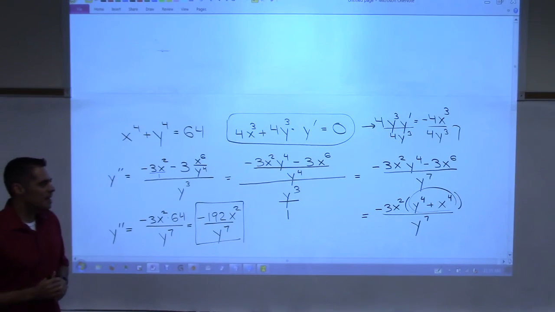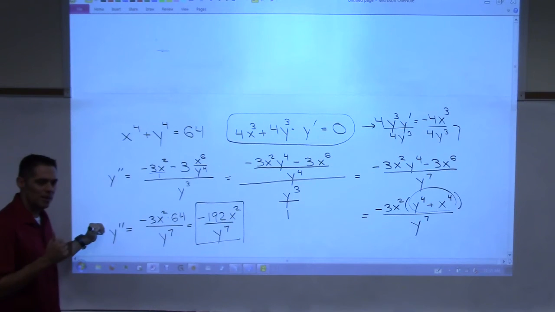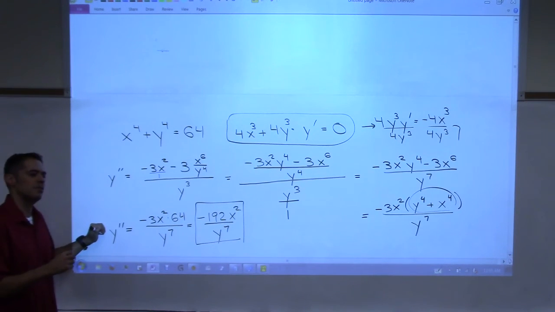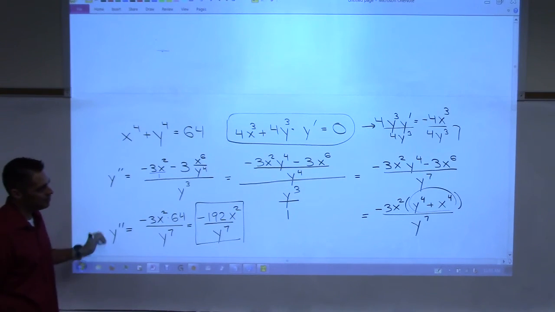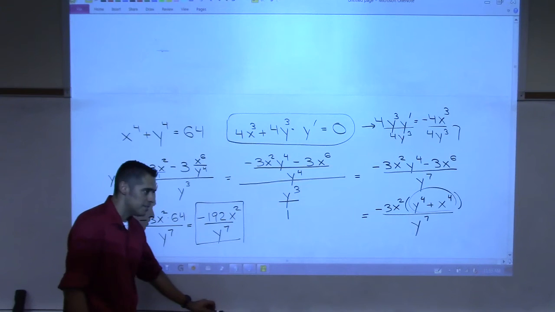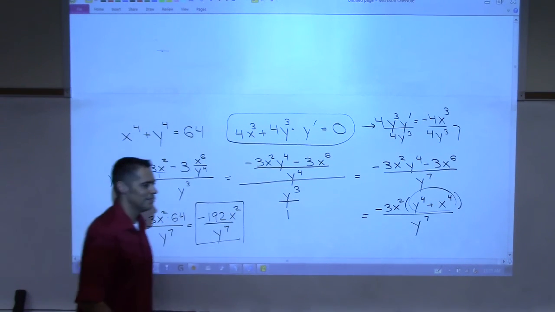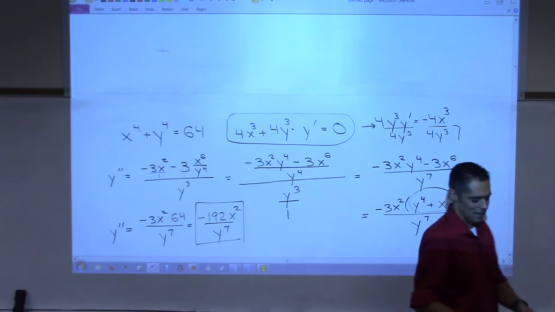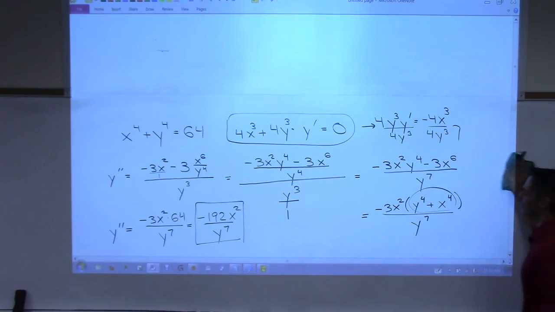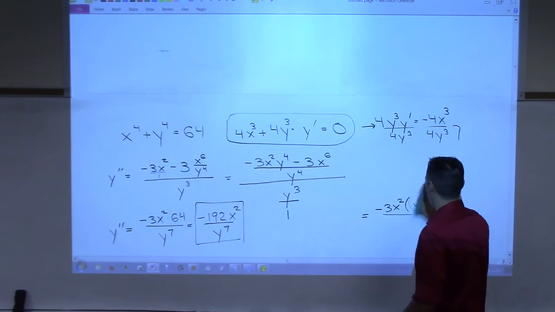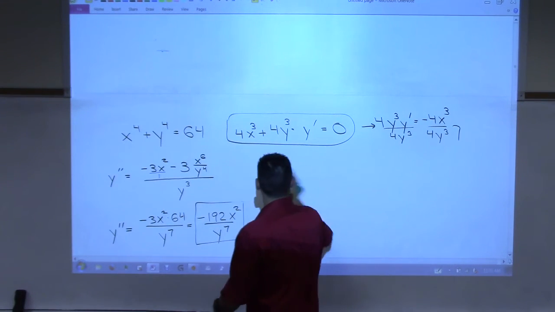Finding y double prime with implicit differentiation, these problems are a little messy, all right? As you can see. But that's fair game. You can do it. You can't go into it looking at it like I can't do that. You can do it. Well, you're capable of it.